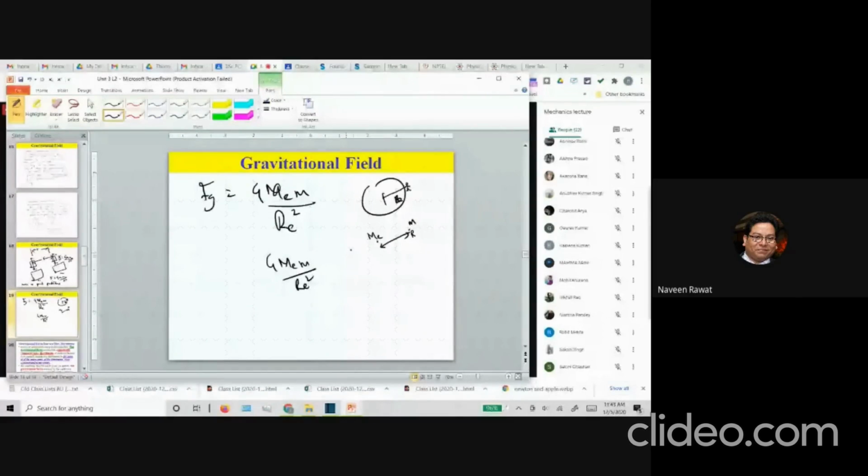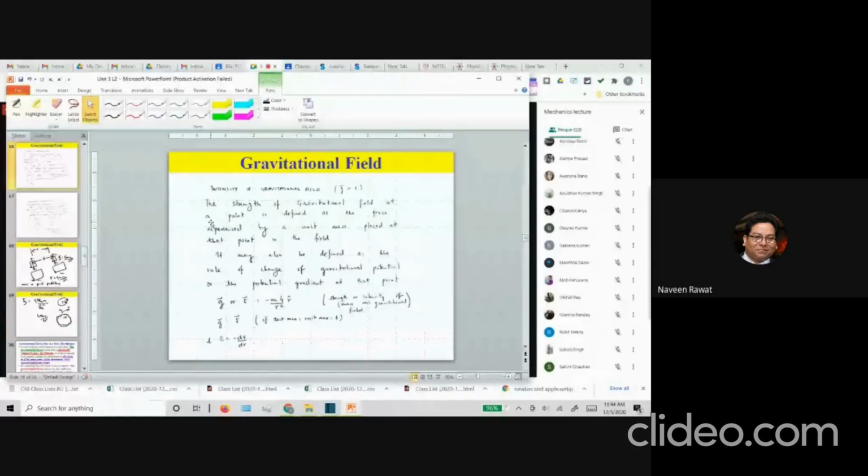So what Newton has done is a very big assumption. For example, the sun is creating a gravitational field. If the planets were not there, the field would still be there. Just because there are planets in the vicinity, they are affected by the sun's field and go around the sun.